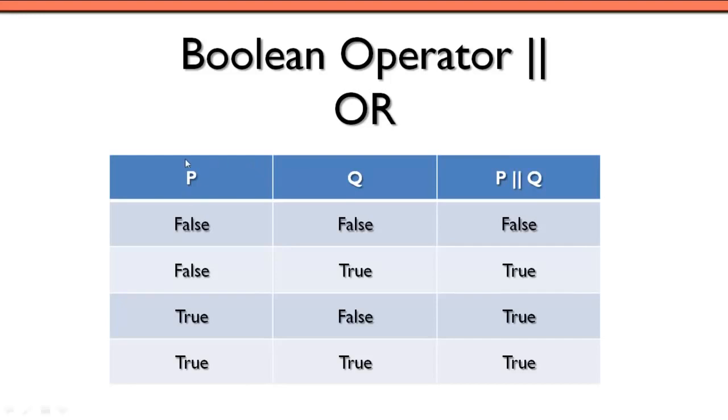So maybe P represents the age of one individual and Q represents the age of another. So if we had, say, a 16-year-old for P and a 7-year-old for Q, they could not get on that ride. But if you had, say, a 6-year-old for P and a 20-year-old for Q, then they could get on the ride.